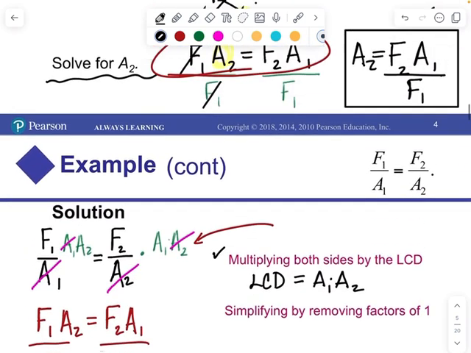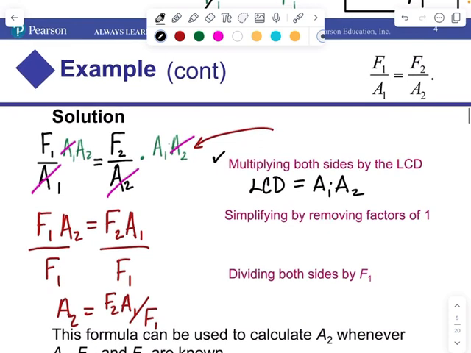So what I wanted to say is that sometimes we cross multiply in this part. We are multiplying by A1, A2 because we're employing the multiplication principle. This is the multiplication property of equations, that we can multiply on both sides of an equation and maintain the equality.